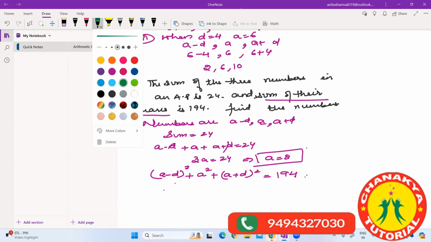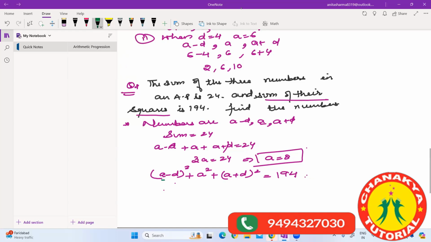See, A minus D whole square. You can apply the identity: A minus D whole square is A square plus D square minus 2AD. Now plus A square. Now again A plus D whole square is A square plus D square plus 2AD. Right, children? So 2AD cancels.